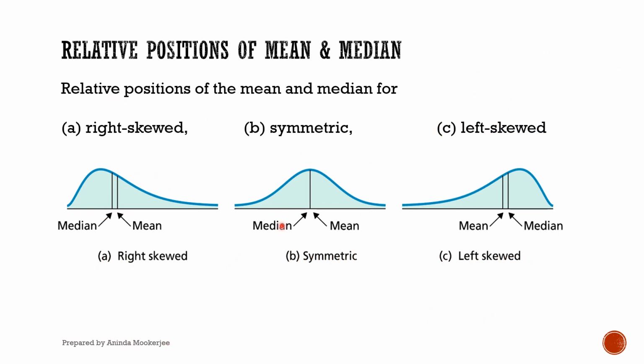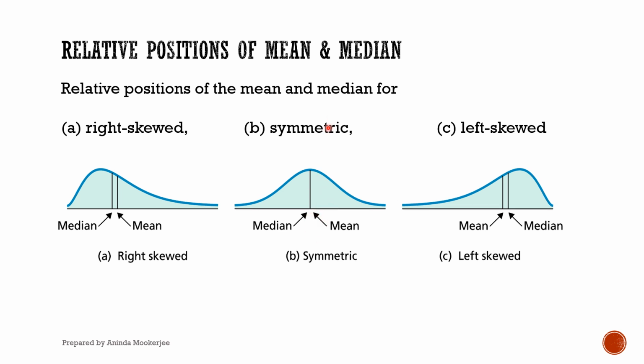Let's talk a little bit about the distribution of the data. If we have a situation where the median and the mean are exactly or almost the same, then we have a symmetric distribution of data. Now, this curve is a superimposed curve on a histogram.